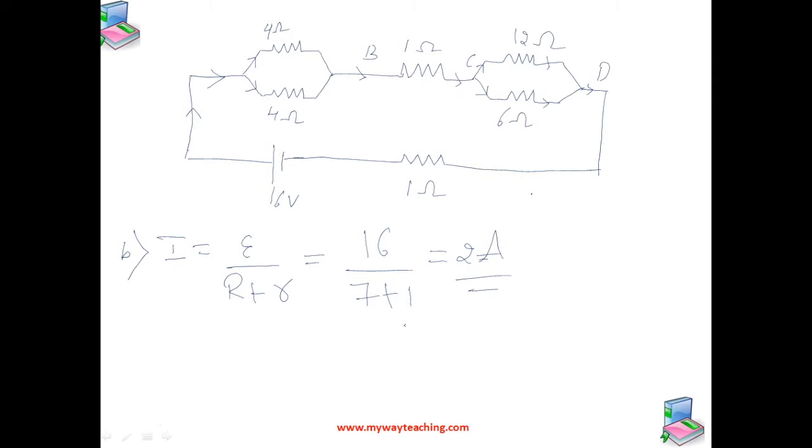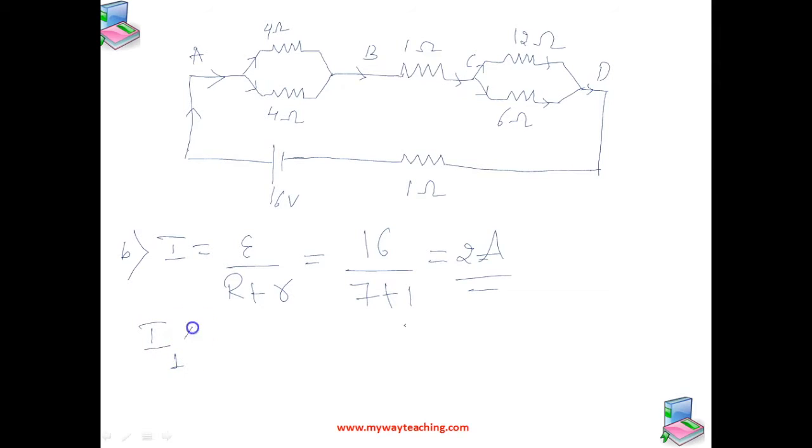Okay. Now consider the resistors between A and B. If I1 is the current in one of the 4 ohm resistors and I2 is the current in the other, isn't it? So when these 4 ohms are connected in parallel, the voltage across them is the same.